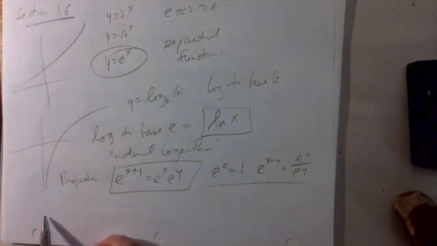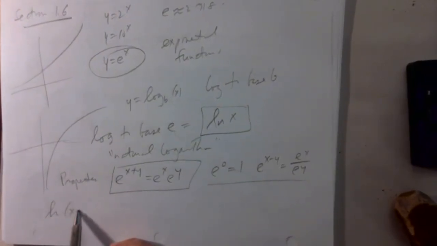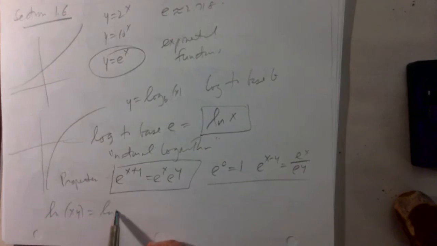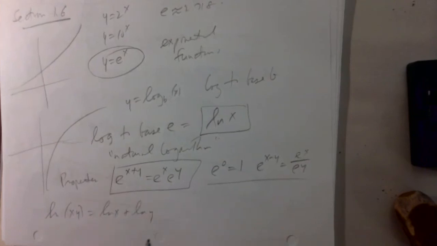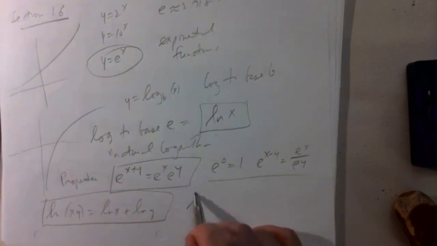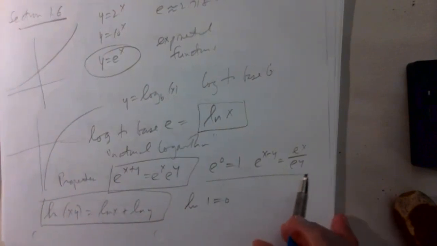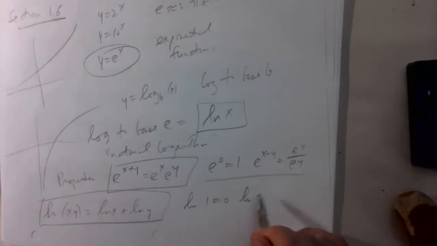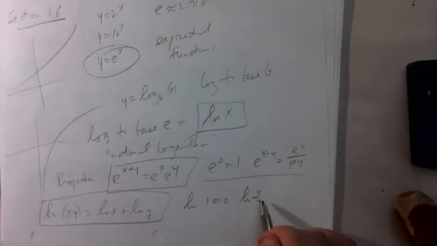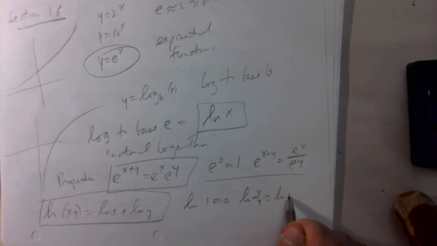And for the logarithm, the log of the product is the log of x plus the log of y. And the log of 1 is 0. The log of x divided by y is log x minus log y.